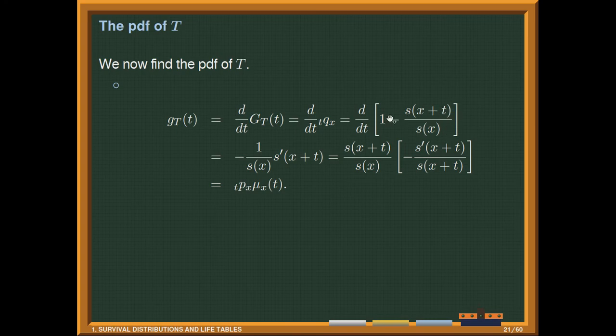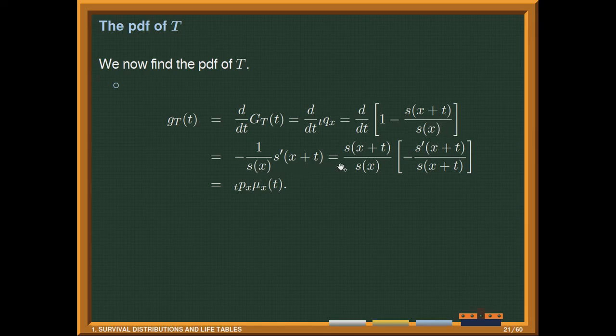So if you're going to get the derivative of this with respect to t, you end up with this expression, right? So that would be the negative of the derivative of s of x plus t with respect to t all over s of x. We're differentiating with respect to t, so this would be constant.